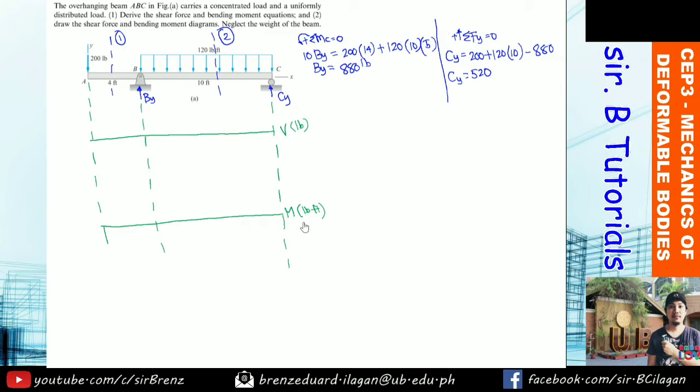Okay? So, unahin natin yung section 1, okay? So considering the section 1, ayan. So mangyayari lang din, that equation is valid for the distance of 0 hanggang sa distance na 4. Okay? So i-drawing mo lang siya. Ayan.